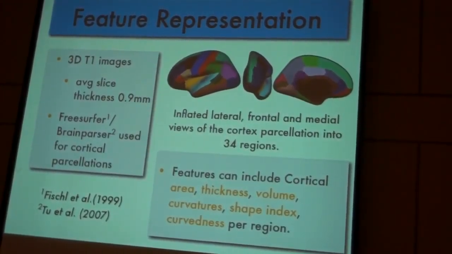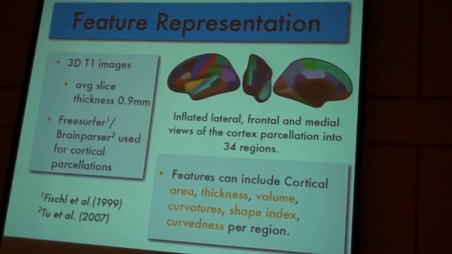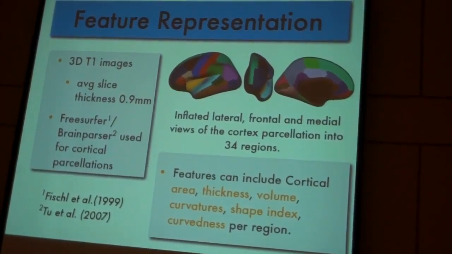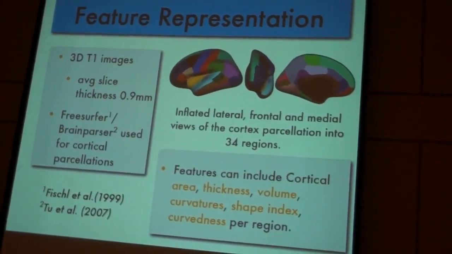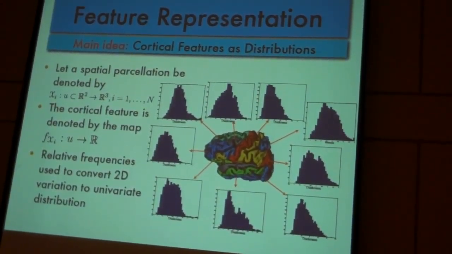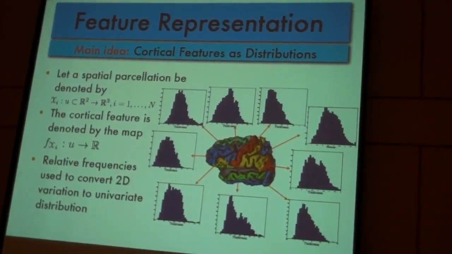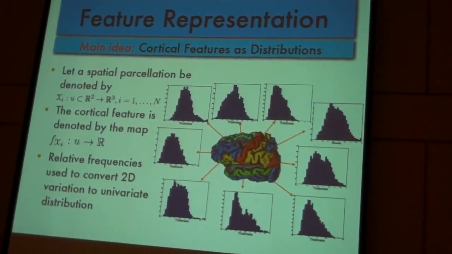So in all of the work that I mentioned earlier, people have used average values of these features: average thickness, average volume, average surface area. What we want to do, however, is to analyze the full distribution of that feature along the region.